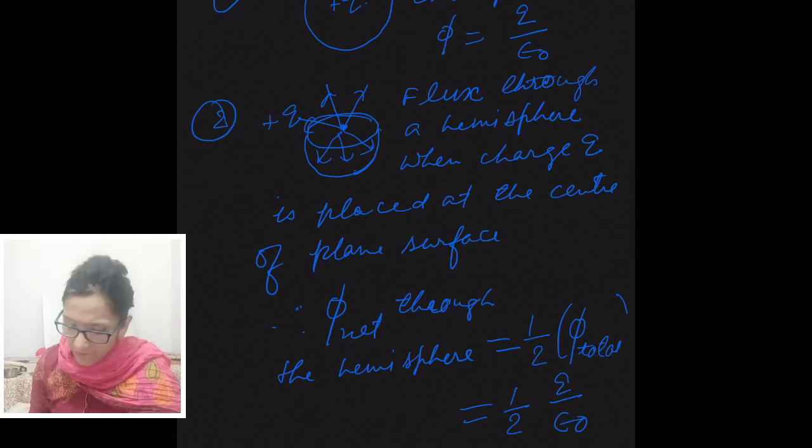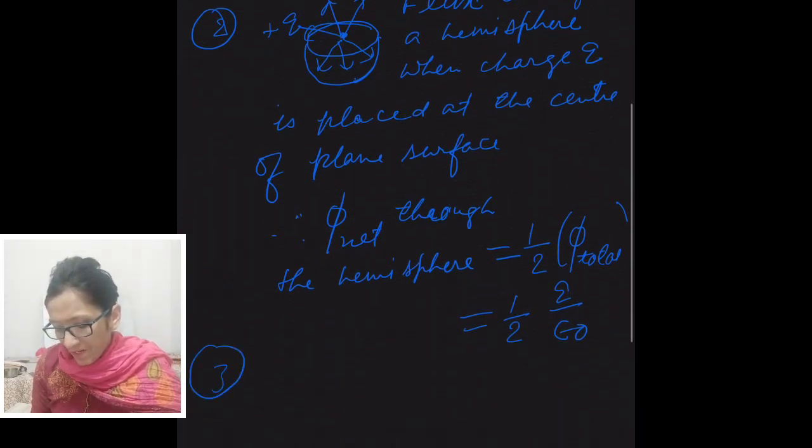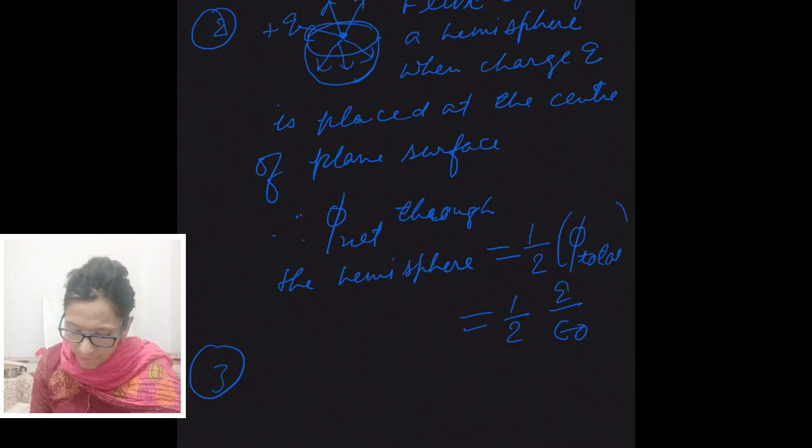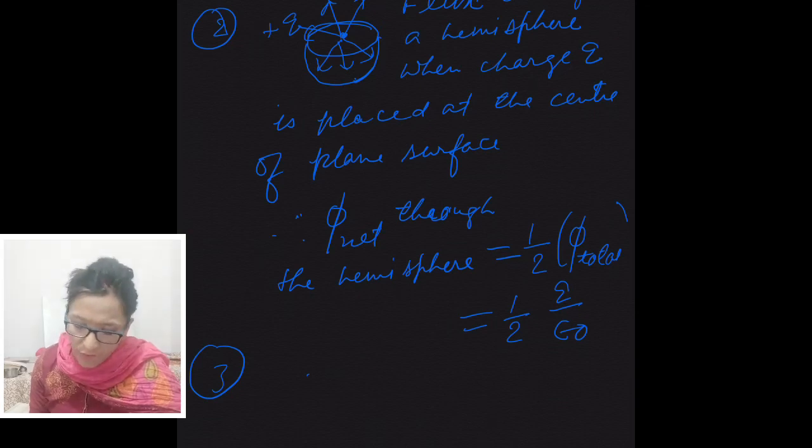Similarly, you can find the flux passing through so many parts of a sphere. If you take 1/4 of a sphere, then 1/4 of the flux will be passing.